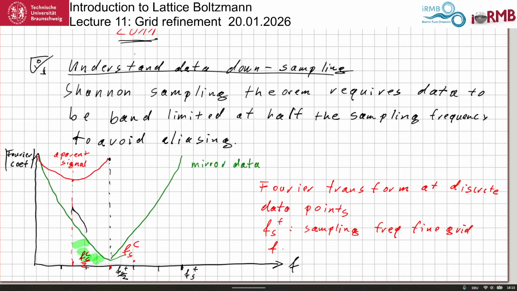And fSC is the sampling frequency on the coarse grid. So I didn't want to write everything in red.